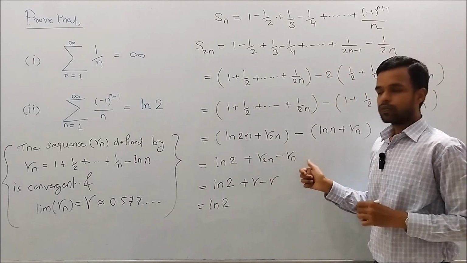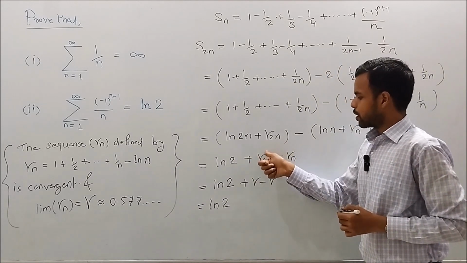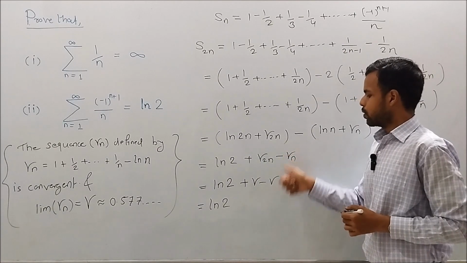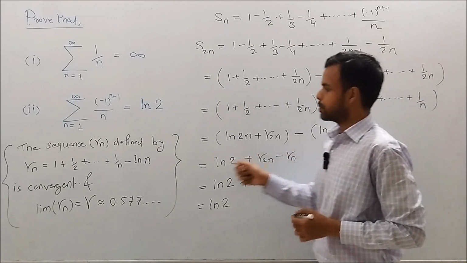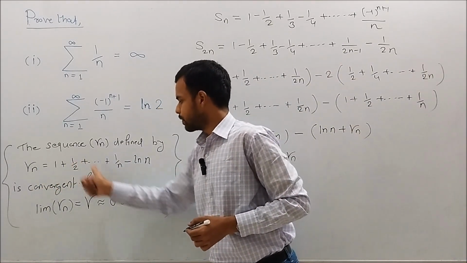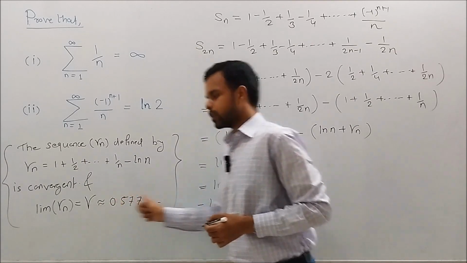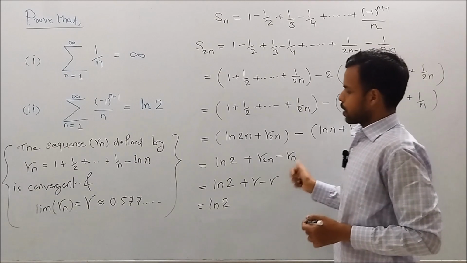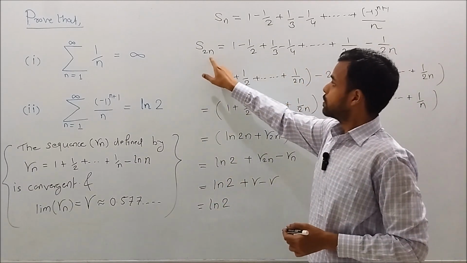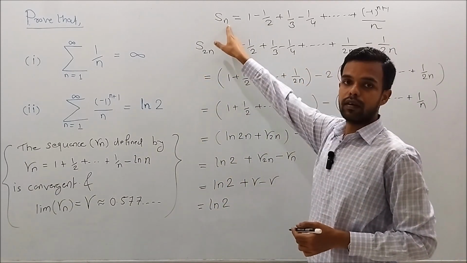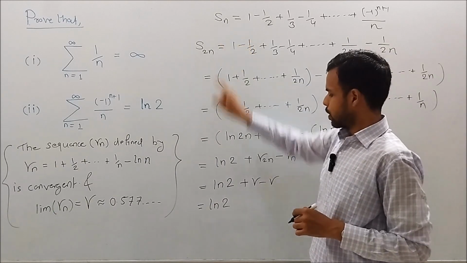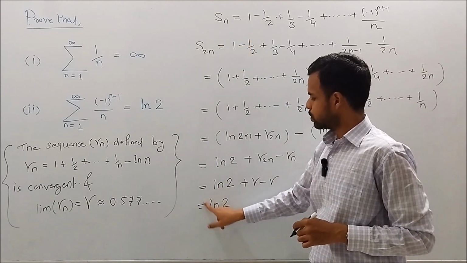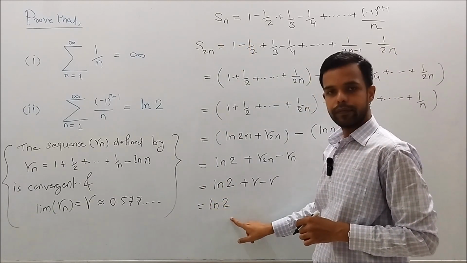Because when n goes to infinity, gamma 2n goes to gamma and gamma n goes to gamma, because these are subsequences of the sequence gamma n, and the sequence gamma n converges to gamma, so its subsequence also converges to gamma. So the subsequence S2n of the sequence of partial sums converges, and it converges to natural log of 2.